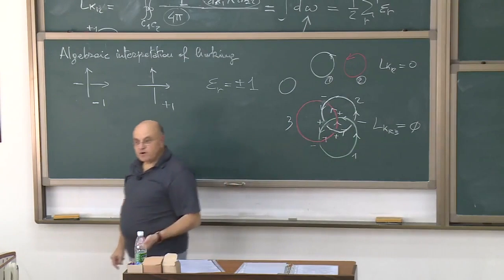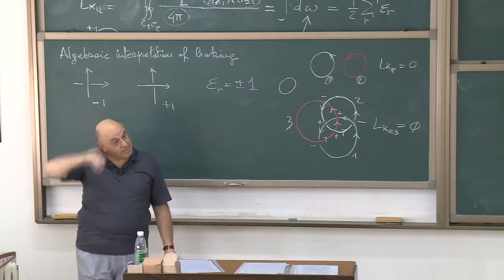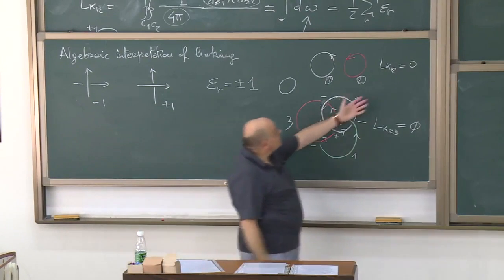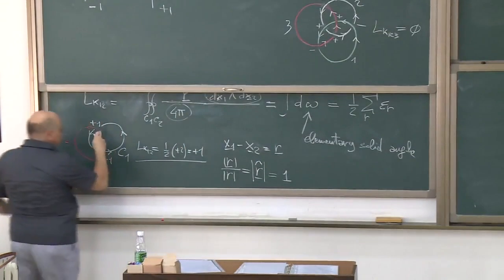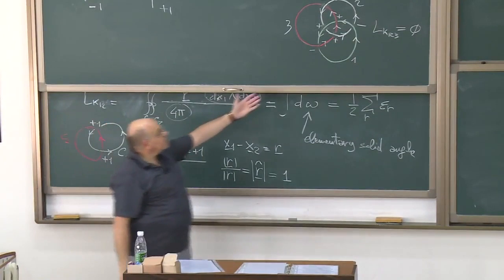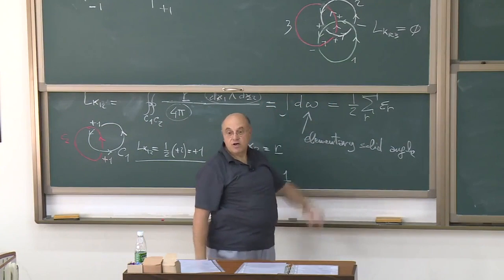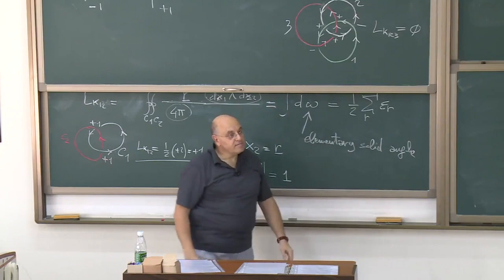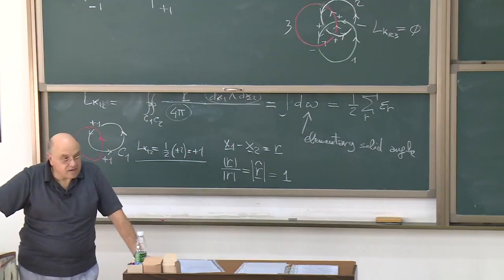So the number of components, the number of crossings, and then we have the linking number. Linking number in this case is 0. In that case there are 2 components, 2 crossings, linking number 1. But in this case we have 3 components, 6 crossings, and linking number 0, which sets back the problem. So from there people started to develop other invariants.